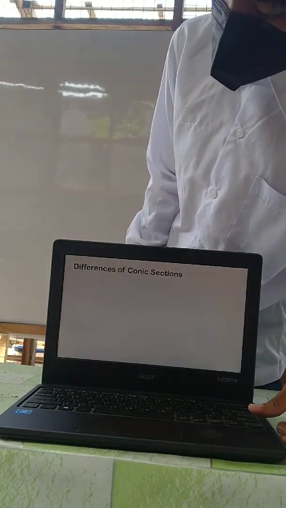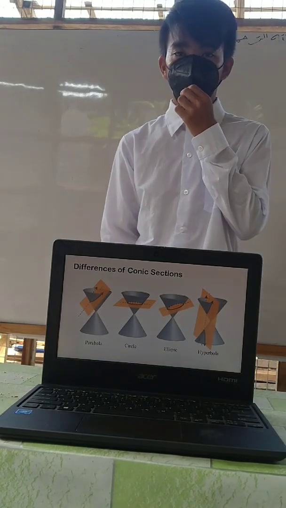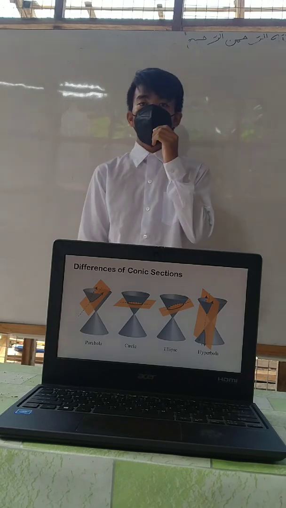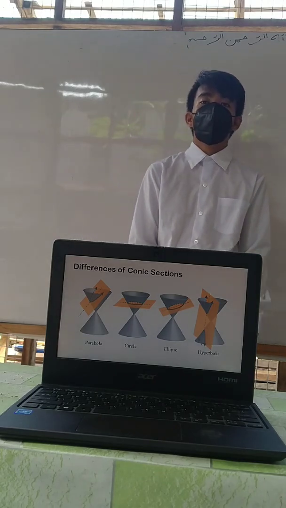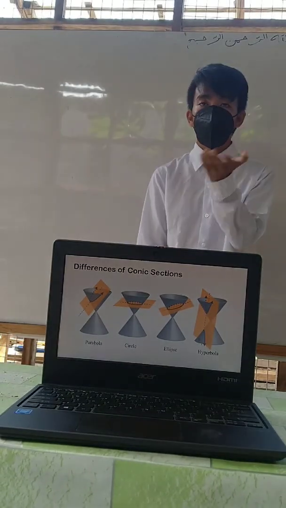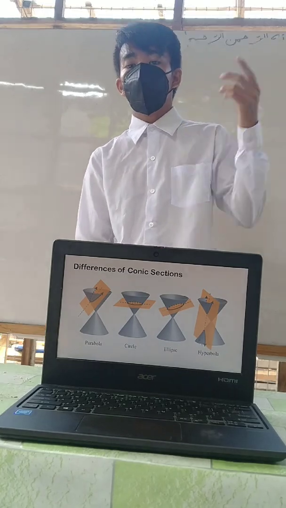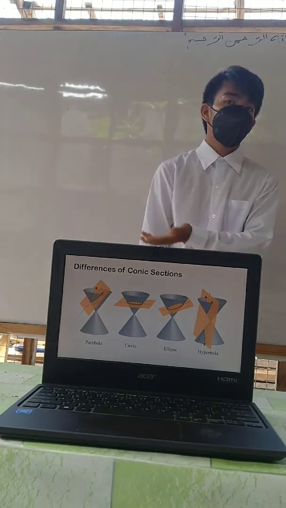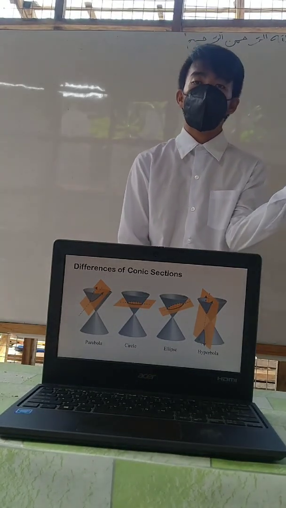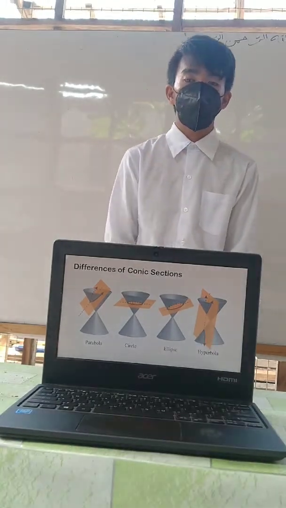And this is the difference of conic sections. For the conic sections, the plane intersects one cone, and it is not necessarily horizontal. It is not horizontal but slanting, but it only intersects one cone.